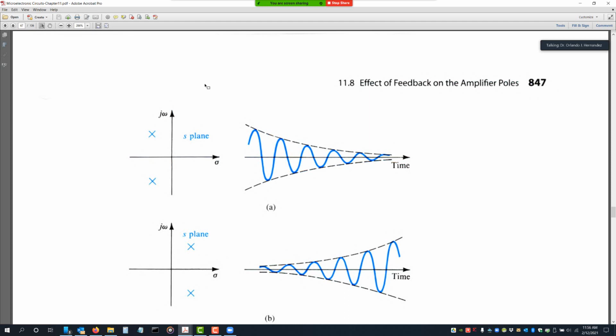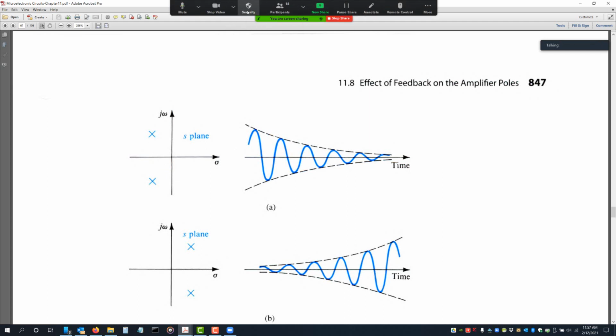This is the effect of the poles on the amplifier behavior. So when the feedback is negative, meaning that your pole is on the left-hand side of the plane, the oscillatory transient behavior will die out.